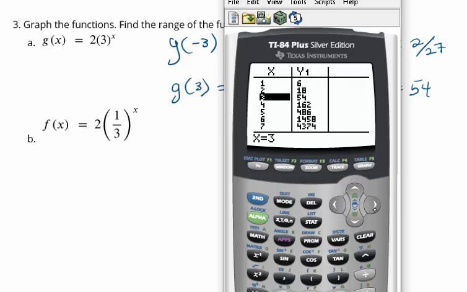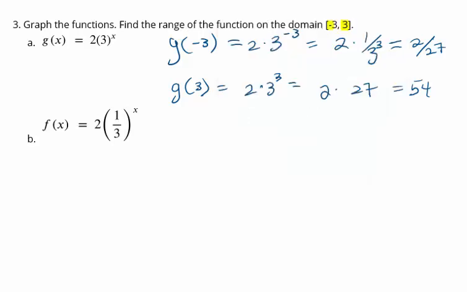So when x is 3, y is 54, and when x is -3, y is about 0.074. So I would write the range from smallest to largest, and the smallest value is that 2/27, and the largest is 54.